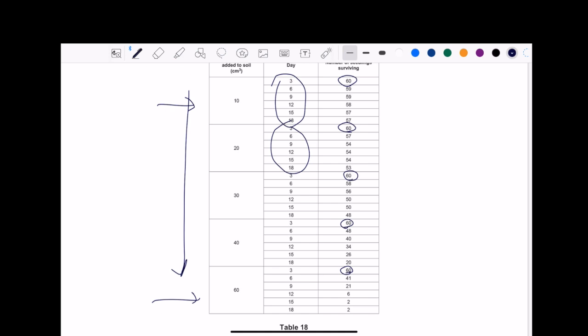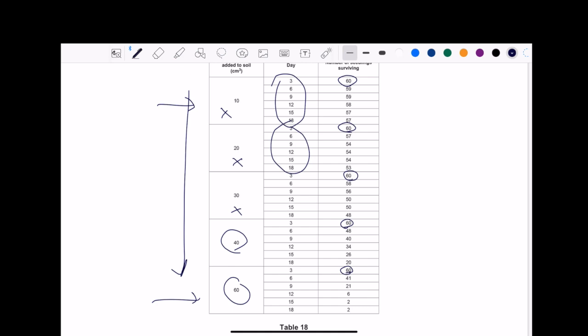So it's not at 10, it's not at 20, it's not at 30, but it is at 40 and 60. So you can simply say that a larger decrease in survival happens above 30 centimeters cubed. Because you just summarise the table, you literally just gave the biggest finding that, yeah, after 30 centimeters cubed, if you add more, you're done.